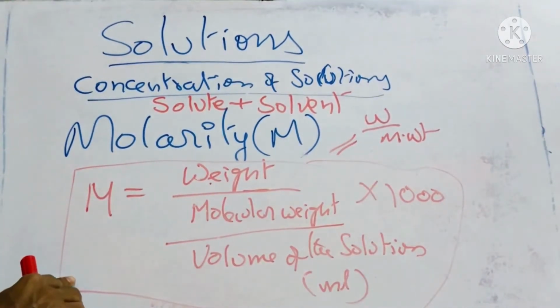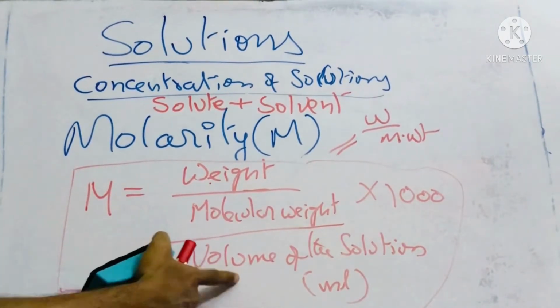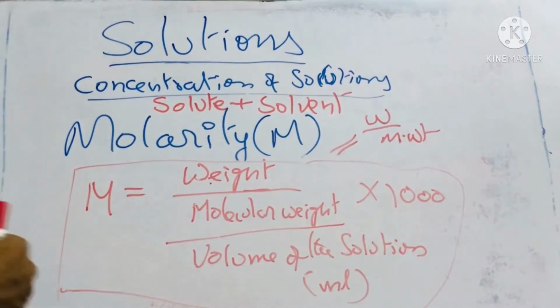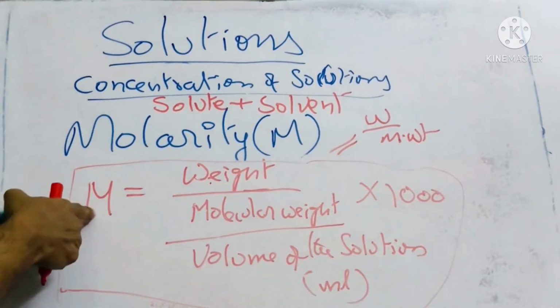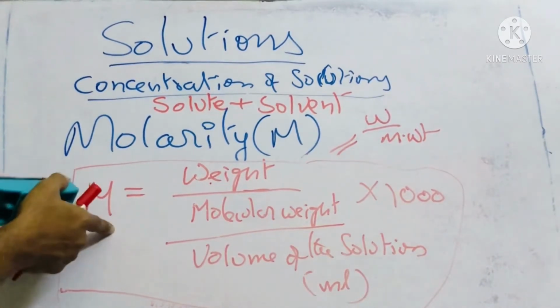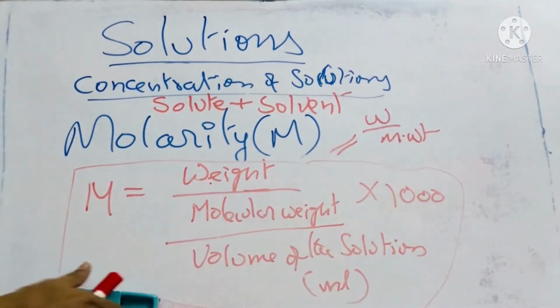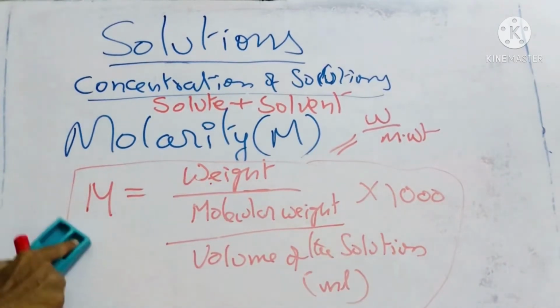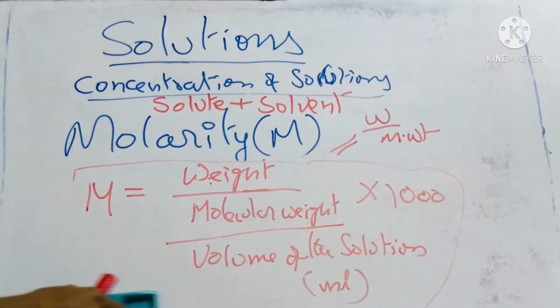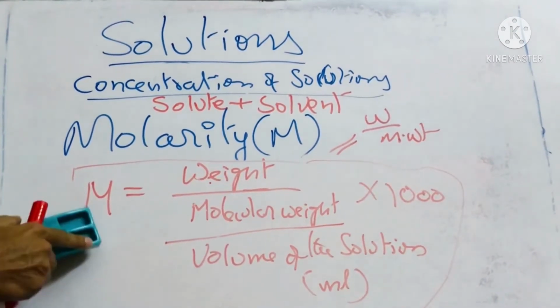This is about molarity. Remember, molarity depends upon the volume of the solution, and the volume of the solution changes with temperature. That's why molarity depends upon temperature. The temperature at which you prepare the solution is very important. Generally we all work at room temperature, around 25 degrees centigrade, so at that temperature the molarity you prepare will be fixed.